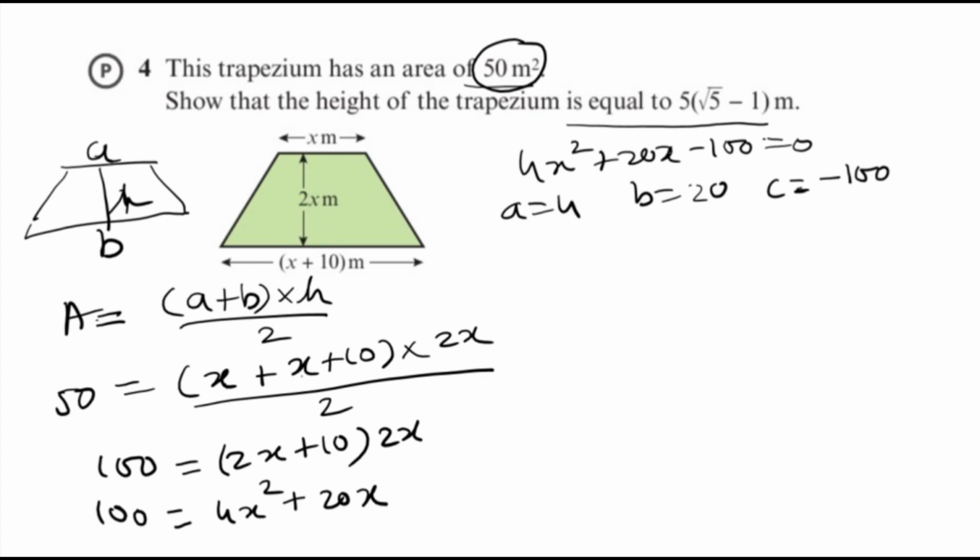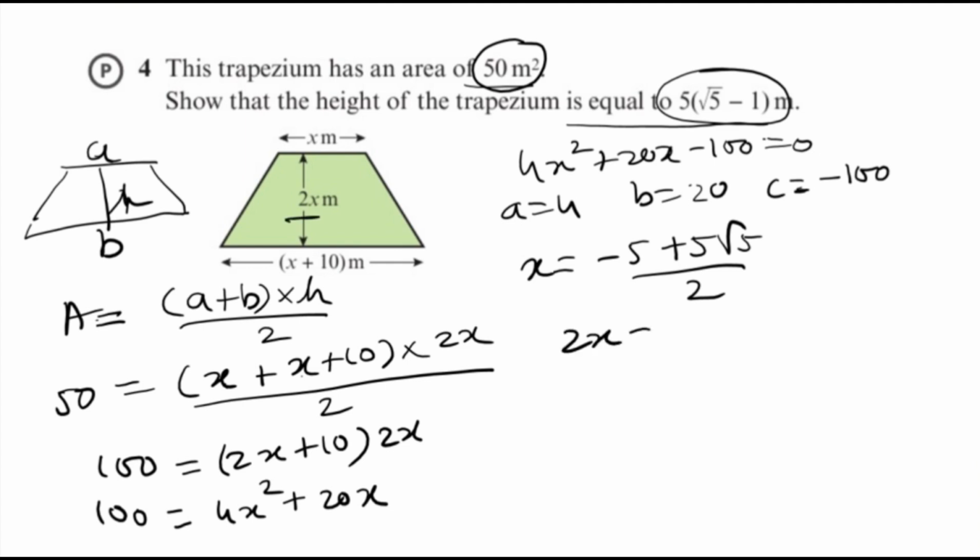Put this in a calculator. You will get the answer X is equal to minus 5 plus 5 root 5 over 2. But we need the answer in this form. So first I know my height is 2x, so I multiply this 2 with x, which gives me my height: minus 5 plus 5 root 5.